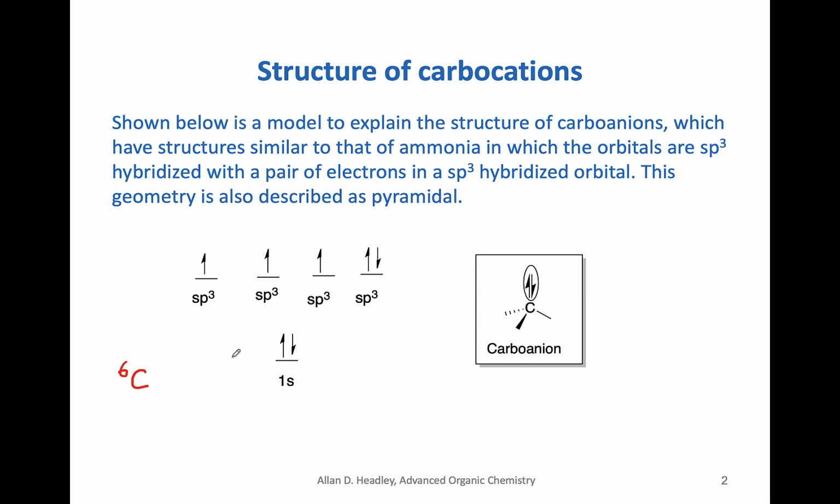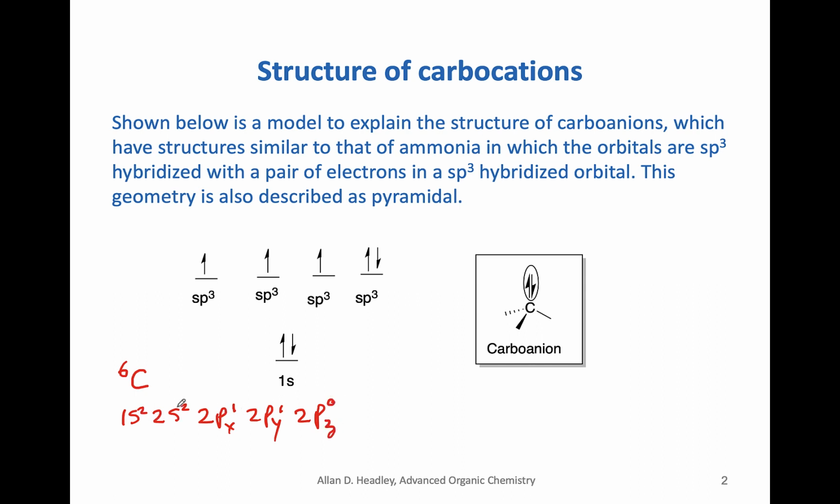In terms of the structure of the carbanions, let us imagine that we have our 1s orbital that's unhybridized. So let me refresh your memory with the electronic configuration of carbon. It's 1s2, 2s2, 2px1, 2py1, and 2pz0.